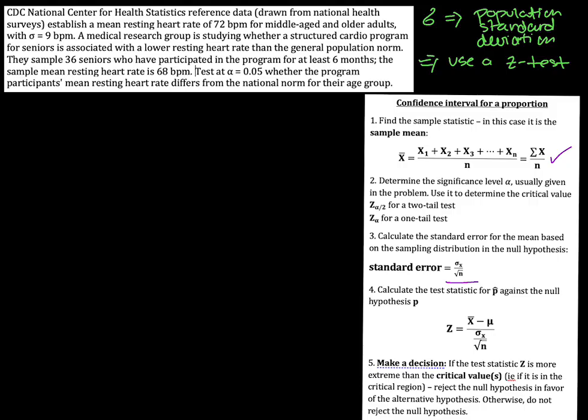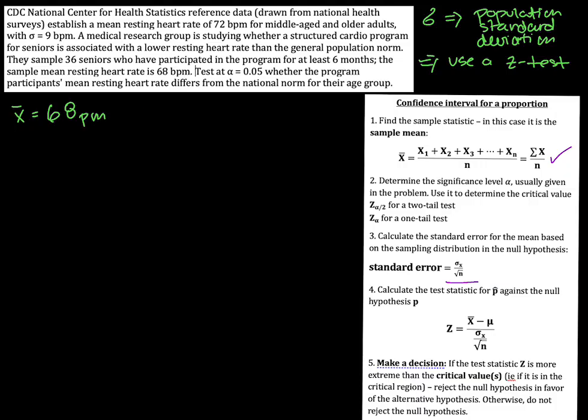Okay, so in this one, we would have to calculate the sample mean if you were the researcher, which you would probably have technology do. And so in this case, it's given to us that it's 68 beats per minute.